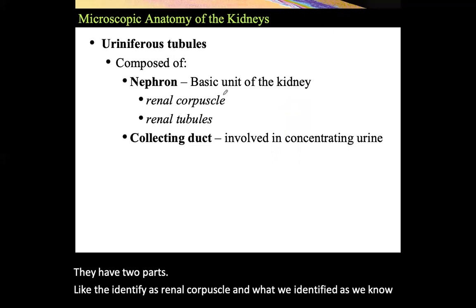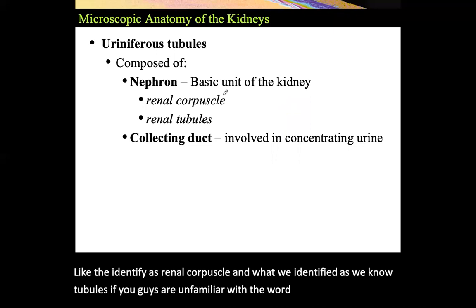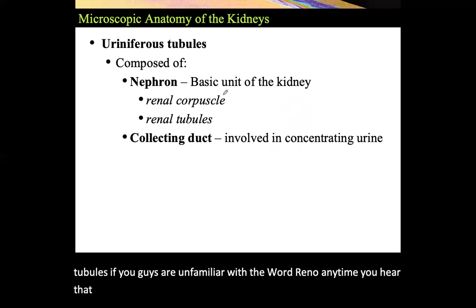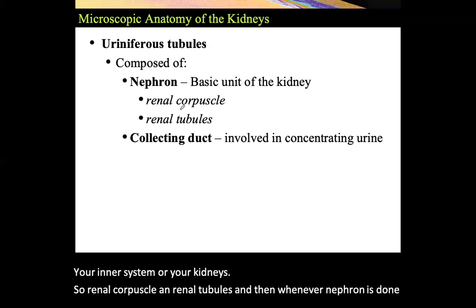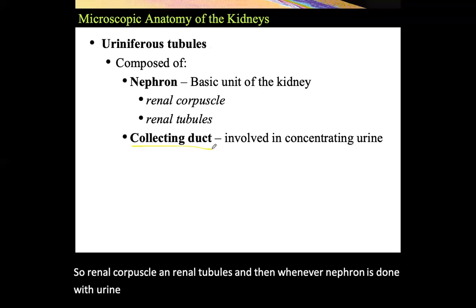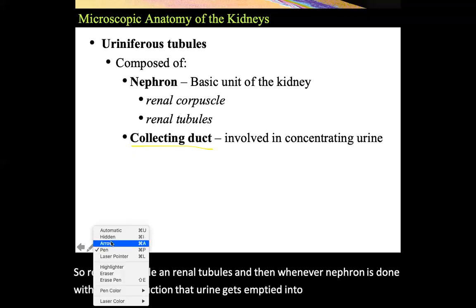If you are unfamiliar with the word renal, anytime you hear that, it is discussing the urinary system or your kidneys. So renal corpuscle and renal tubules. And then whenever nephron is done with urine production, that urine gets emptied into the collecting duct.